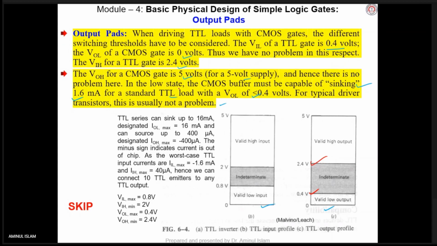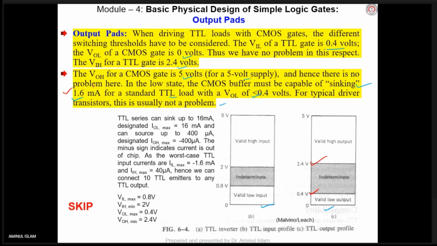In the low state, the CMOS buffer must be capable of sinking 1.6 milliampere for a standard TTL load with a VOL of less than 0.4 volts. For typical driver transistors, this is usually not a problem.